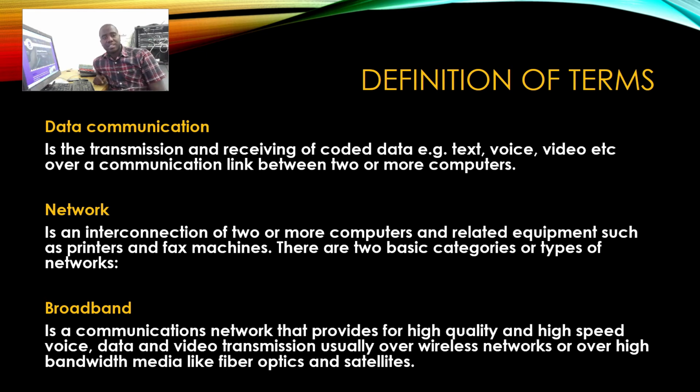Like for example, right now, if you're using your phone to send pictures or to send voice or to make phone calls, you are using what is called a broadband. And MTC is one example of a provider of a broadband. So what gives you the platform to send that data is what is called broadband.